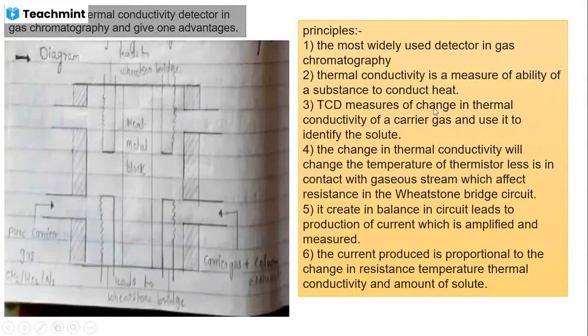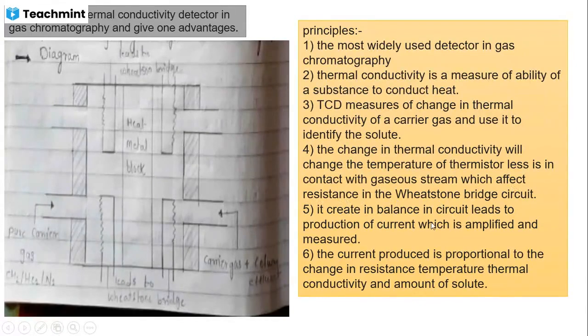It is the most widely used detector in gas chromatography. It measures the ability of a substance to conduct heat and also measures the changes in the thermal conductivity of the carrier gas, and uses it to identify the solute. The change in thermal conductivity will change the temperature of the thermistor in contact with the gaseous stream, which affects the resistance in the Wheatstone bridge circuit.